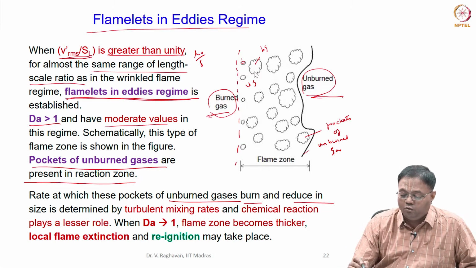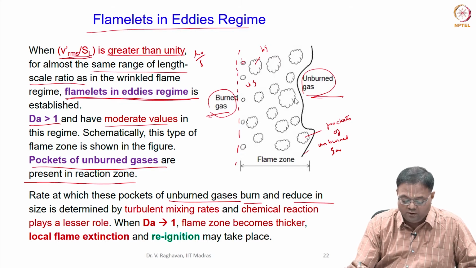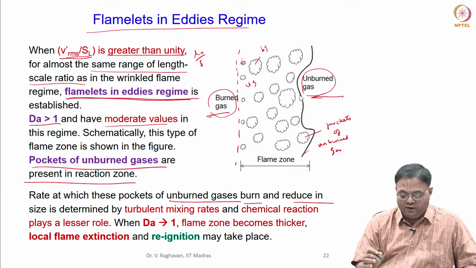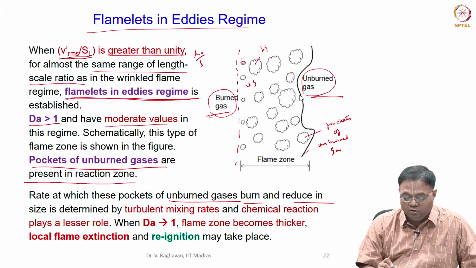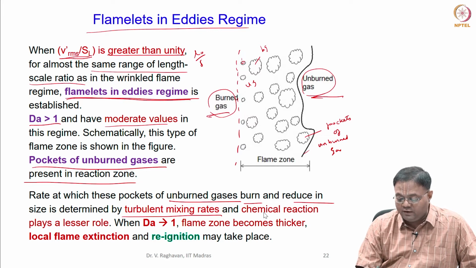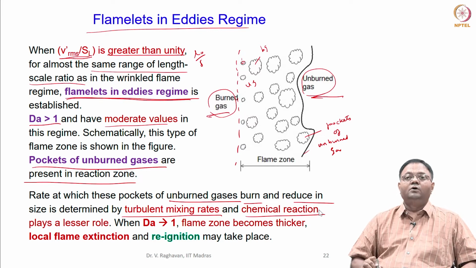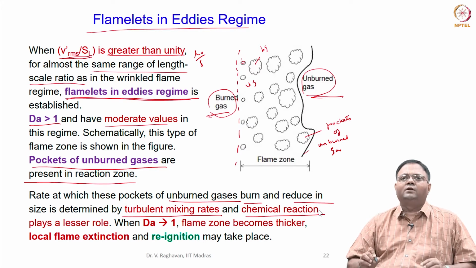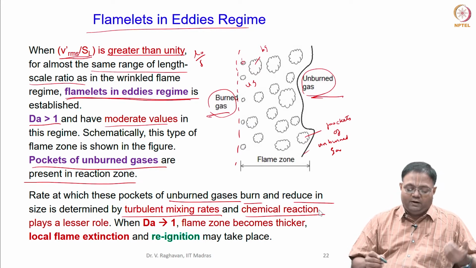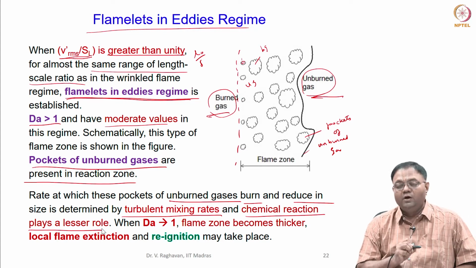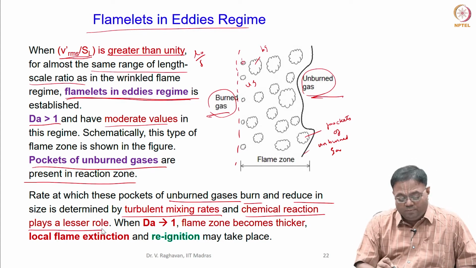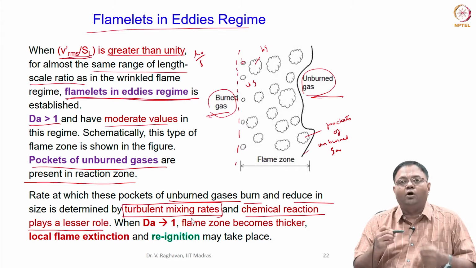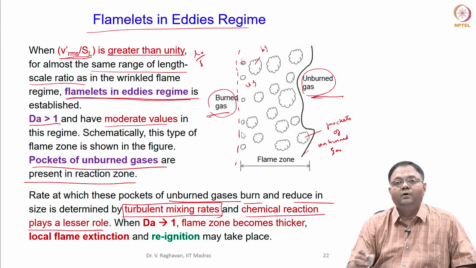How fast this packet is going to burn and reduce in size will now depend on turbulent mixing rates and chemical reaction. Chemical reaction will play a role, but not the major role it played before, it will play a lesser role. But the turbulent mixing rates now will contribute to this regime.